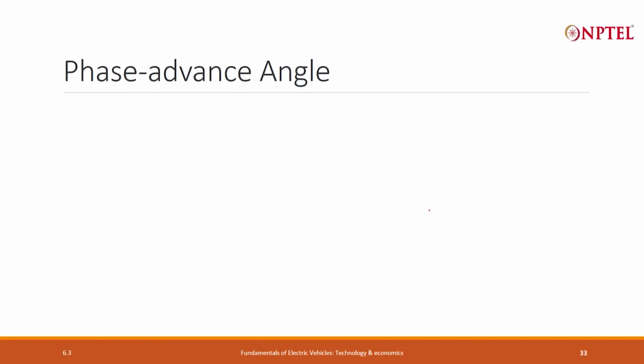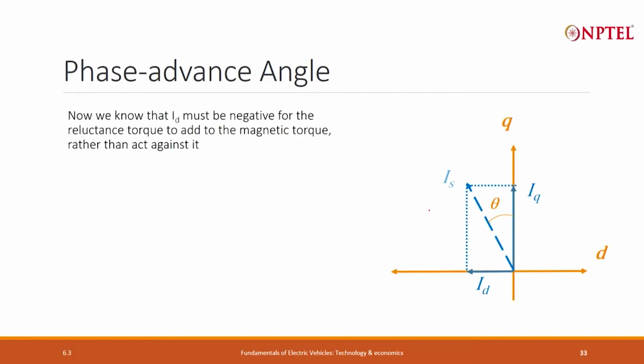So, we come to a very important concept called the phase advance angle, which is based on the idea that we just now discussed. I have IQ as positive, as you can see here, but I have deliberately made ID negative, which means it is in a direction that is opposed to the magnetic field, and the total current which is flowing in the stator, I have shown that by IS.